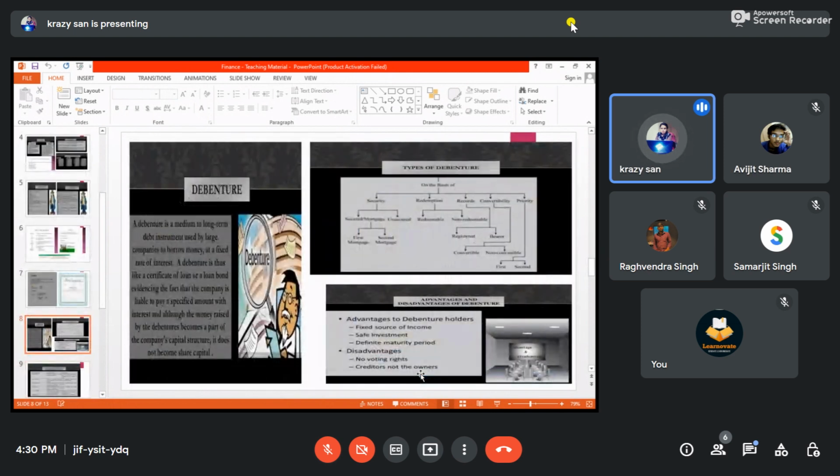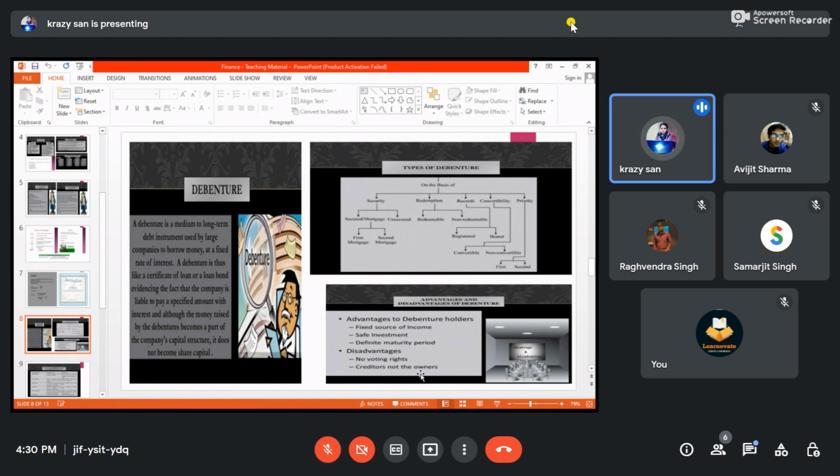Now let's understand what a debenture is. As I said, debentures are also like shares, but mostly debentures are a long-term investment in the company by a person. A debenture is a medium to long-term debt instrument used by large companies to borrow money at a fixed rate of interest.